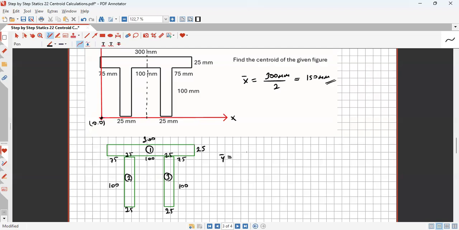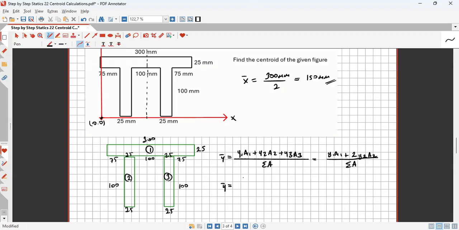For our question, y equals y1 times a1, y2 times a2, y3 times a3 over total area. The second and third shapes are the same rectangles. It means we can write a1 plus 2 times a2 over total area.